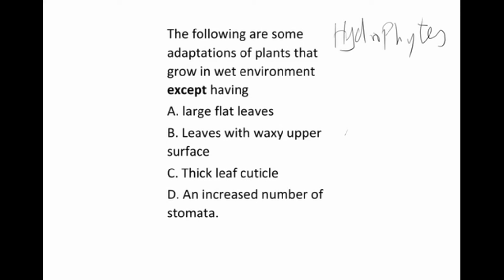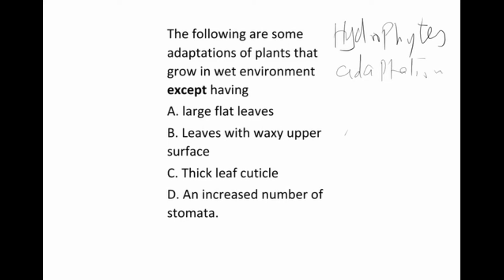For them to survive there, they need to come up with mechanisms or adaptations that will ensure that they lose more water to the environment, since they have more than they need. They have the following mechanisms or adaptations.